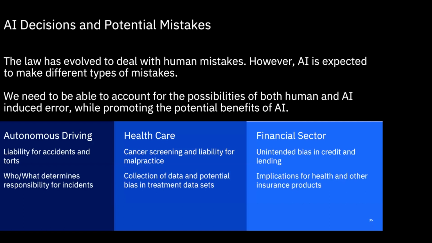Or another critical scenario is for healthcare. For example, for cancer screening and liability for malpractice, or for example, when we do collection of data and there is a potential bias in treatment data sets that we use to detect and cure the patients. And in the financial sector as well, for example, there are some cases where they realized there is some unintended bias in credit lending. And I will show you an example.